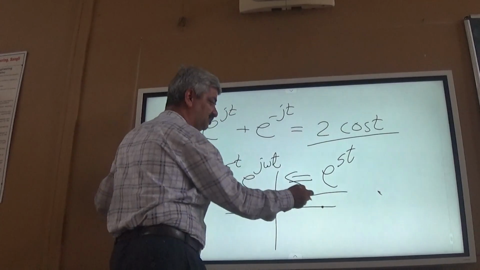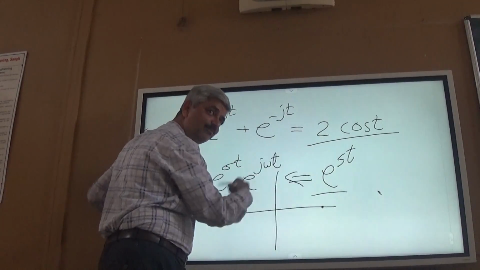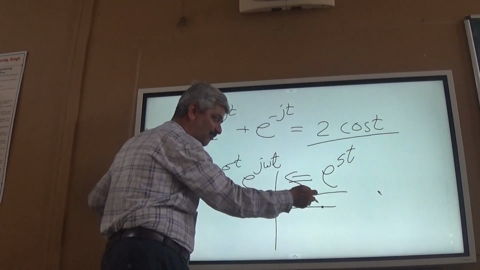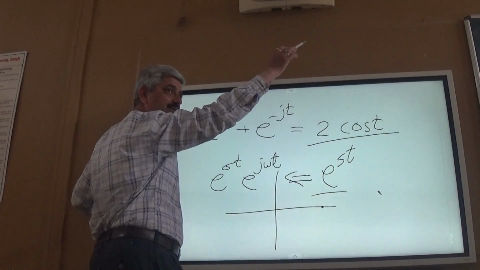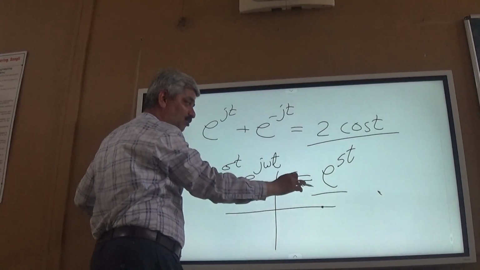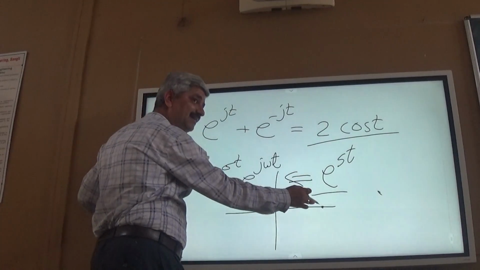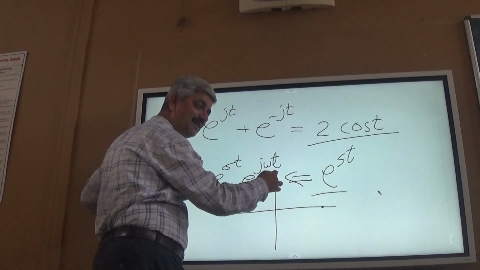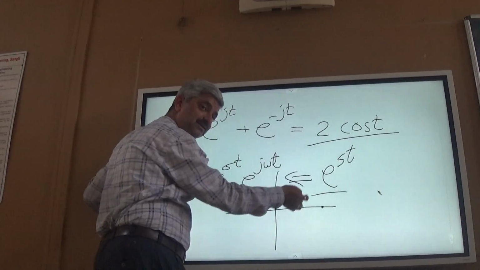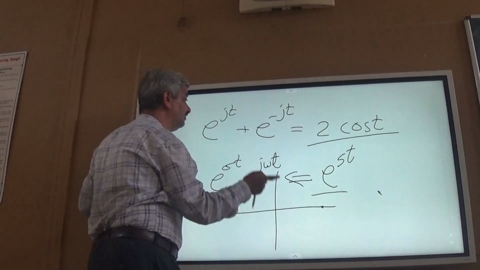Sigma 0, omega positive, rotating point. Sigma 0, omega negative, rotating point. Sigma positive, omega positive, expanding anti-clockwise. Sigma positive, omega negative, expanding clockwise. Sigma negative, omega positive, contracting anti-clockwise. Sigma negative, omega negative, contracting clockwise. Sigma 0, omega 0, constant point.